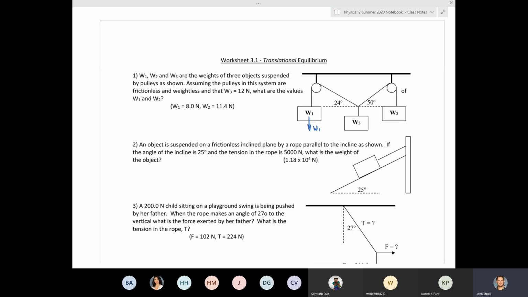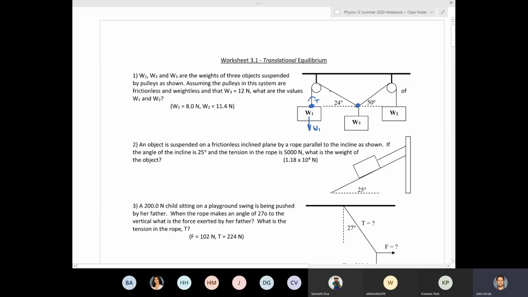And then if it's not moving, then the tension that's going up is equal to weight 1. Well, the rule with tension, and hopefully you learned this last year or in physics 11, is that tension is equal throughout a rope. So this rope from this point to this point is going to be equal throughout.